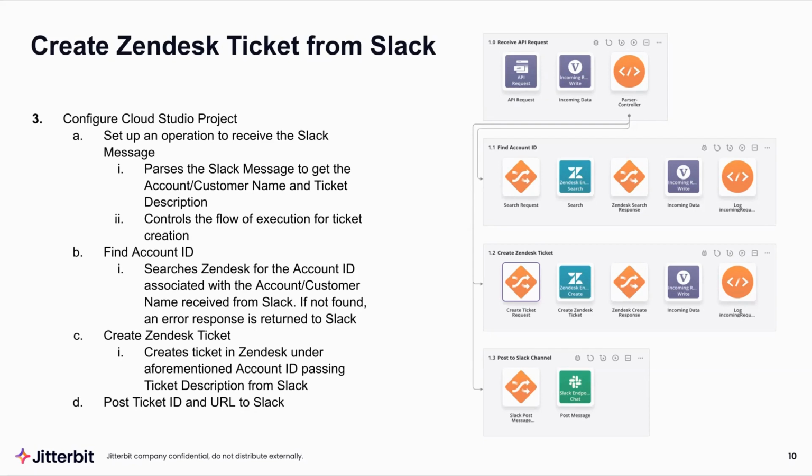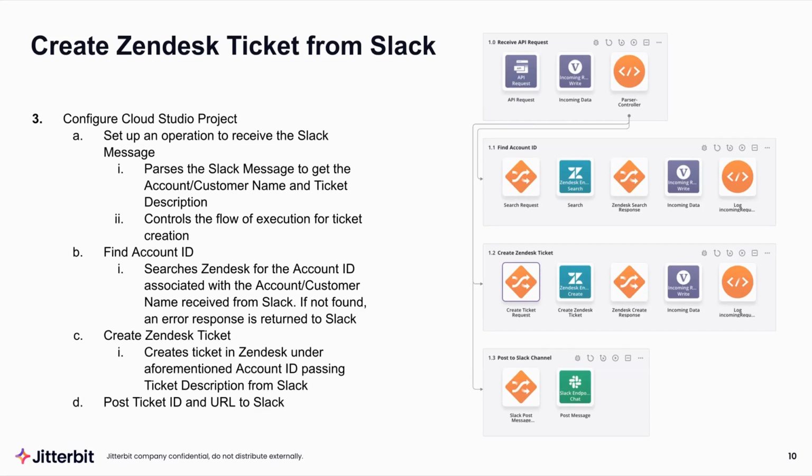So it's going to search in Zendesk for that account ID. And we need that account ID so that when we create the Zendesk ticket, we can associate that ticket in Zendesk to that account. And then following that, we post back that information that the ticket was successfully created, or what the result was, back to the Slack channel.